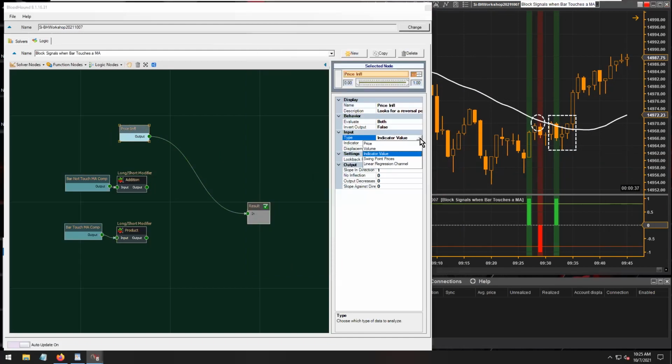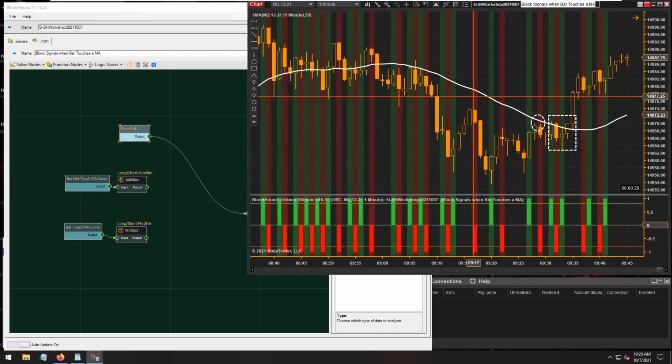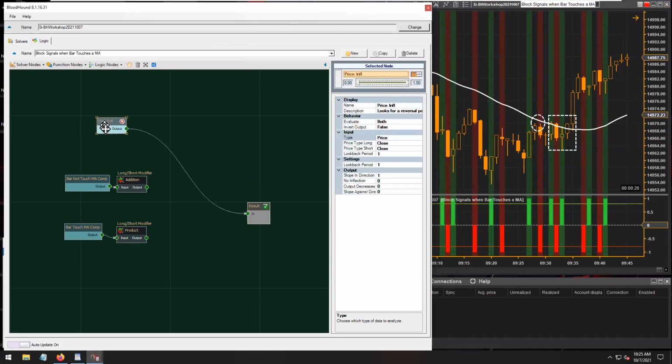And let's see here. Change the input from indicator to price, right? So there we go. So now we just have a bunch of random signals here every time the bar reverses direction there. So I could use this as a test signal source.